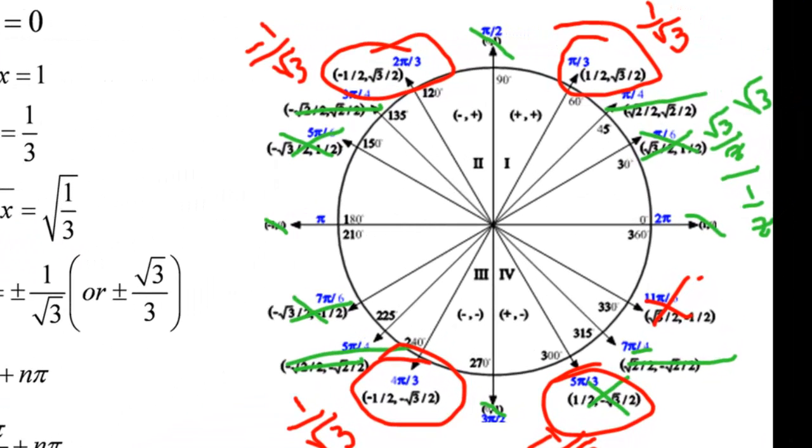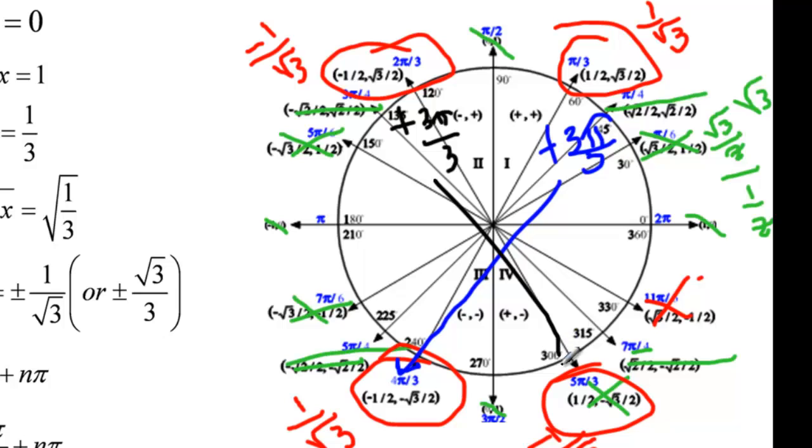So if I consider pi over 3, and I add pi to it, which in thirds would be 3 pi over 3, it's going to yield 4 pi over 3. If I take 2 pi over 3 and add pi, since cotangent is pi periodic, which in thirds is 3 pi over 3, it yields 5 pi over 3.